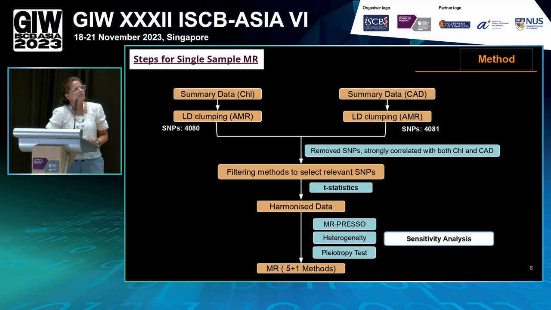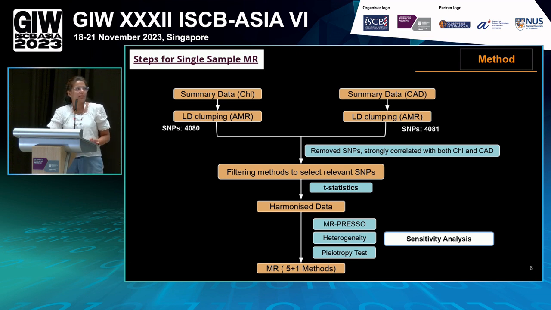We check whether all assumptions are met, so that only SNPs associated with the outcome through the exposure are considered and other SNPs are removed. Feature selection means selecting those genetic instruments which are valid and effective for both cholesterol and CAD. We do this with the t-statistics. I will explain in the next slide.